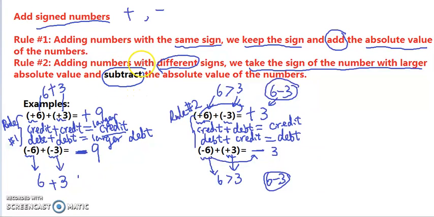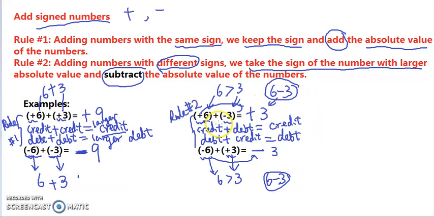So be very careful here. Although it is an addition problem, because of the minus signs, you may have to do subtraction. But it doesn't mean when you see minus signs you always have to do subtraction, because in this case, if they are both negative, you actually add the 6 and 3. So the rule says same sign, keep the sign and add the numbers.